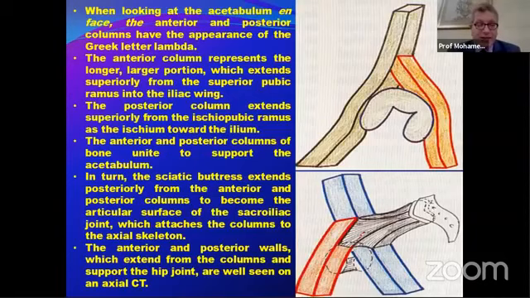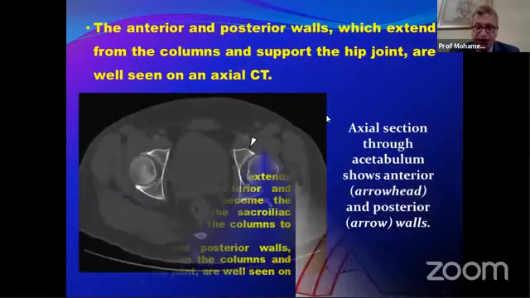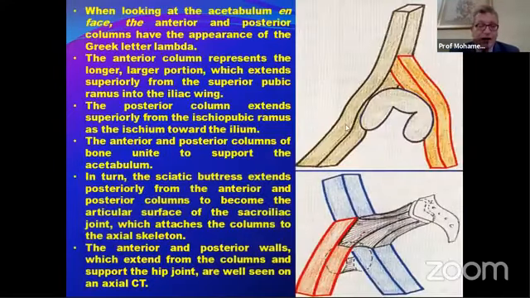When looking at the acetabulum en face, the anterior and posterior columns have the appearance of a Greek letter lambda. The anterior column represents the longer, larger portion, which extends superiorly from the superior pubic ramus into the iliac wing. This is the anterior column, and the posterior column extends superiorly from the ischiopubic ramus and the ischium toward the ilium.